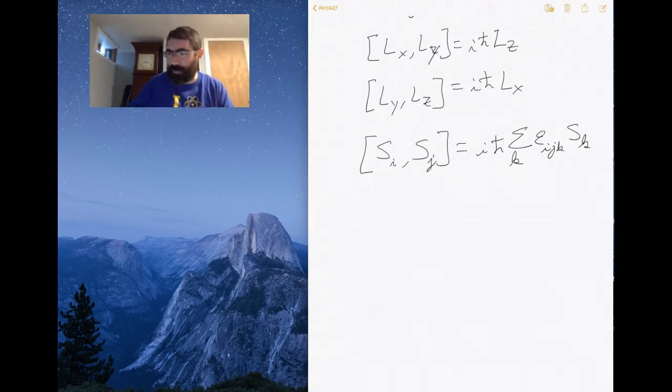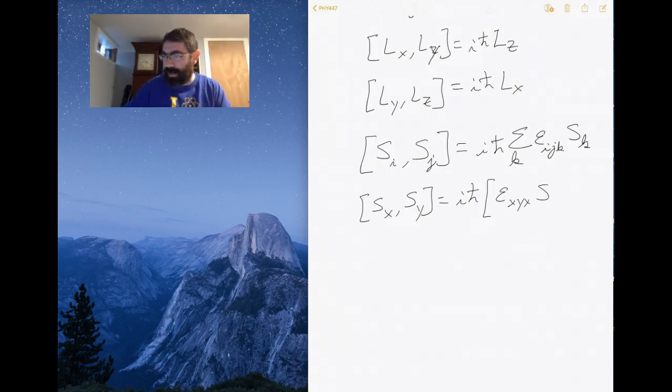So just as an example, if I want Sx, Sy, that's going to be equal to iħ times, now we would have epsilon xyx Sx, so the first k is x, plus epsilon xyy Sy, plus epsilon xyz Sz.